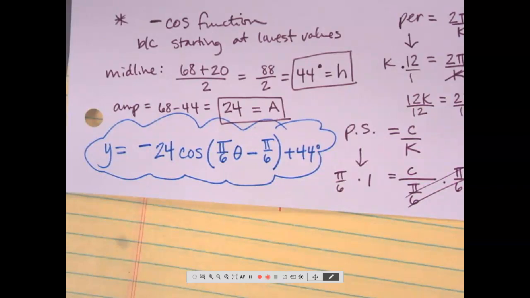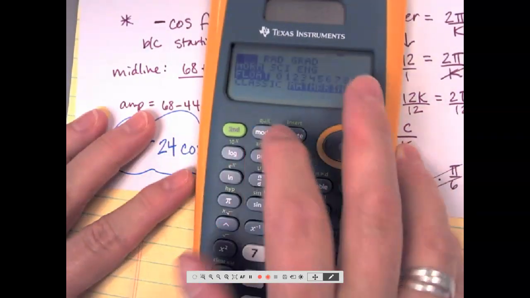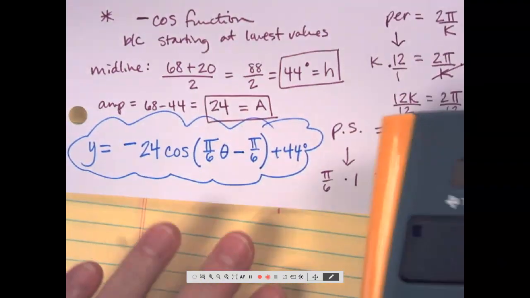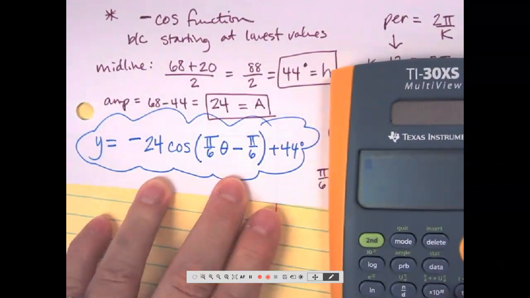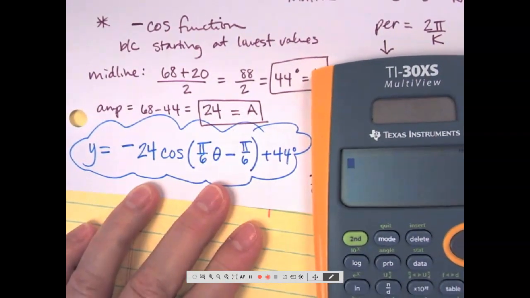Okay, now let's test our model. Let's see how accurate it is. What I'm going to do is put my calculator in radian mode. Mode radian. Okay, and let's say that I want to test the accuracy of this for March. What month is March?